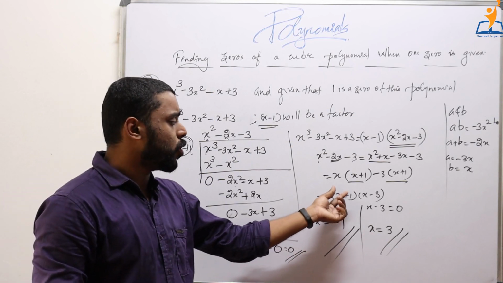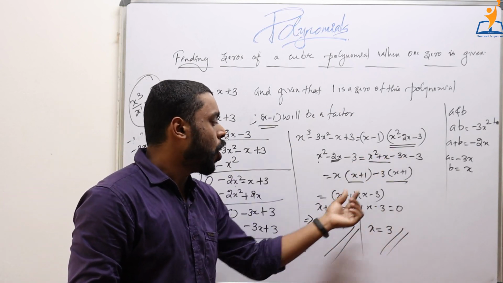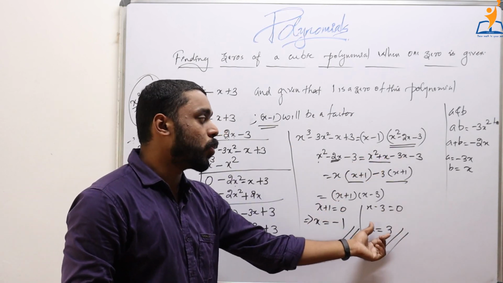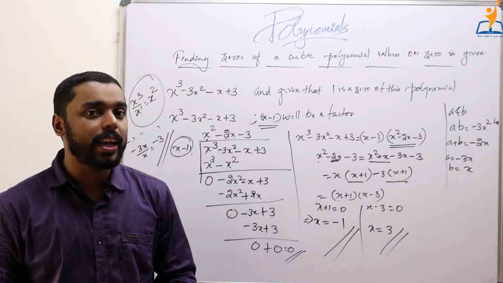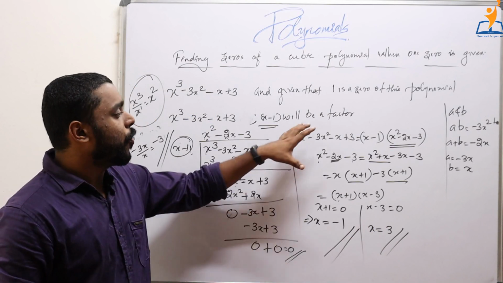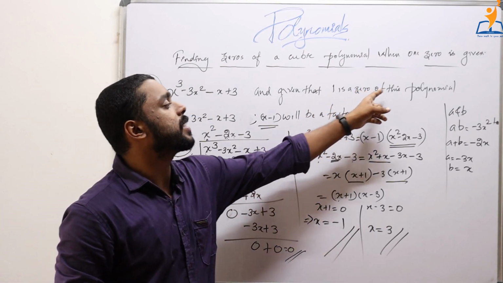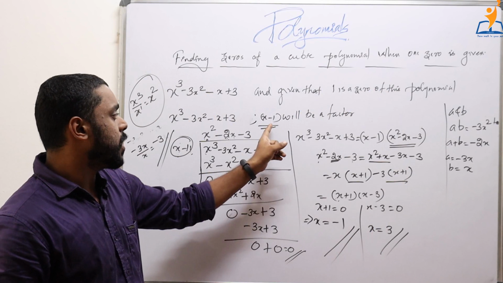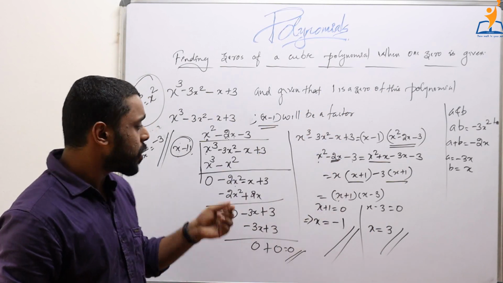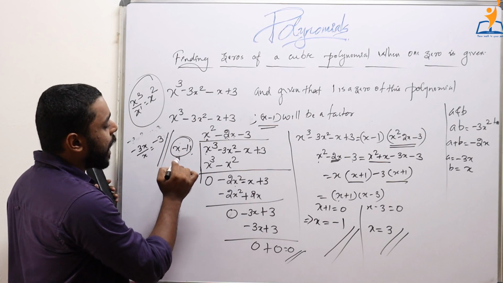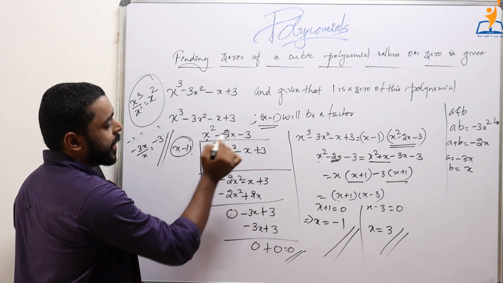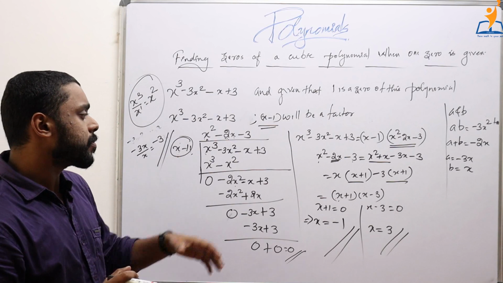So if you don't know the process of splitting the middle term method or finding these other two zeros from a quadratic polynomial, just watch the previous video. We explained it well in the previous problems. So whenever a 0 is given, then x minus that 0 will be a factor. Then we can divide the original polynomial by that factor to get the next second degree factor.